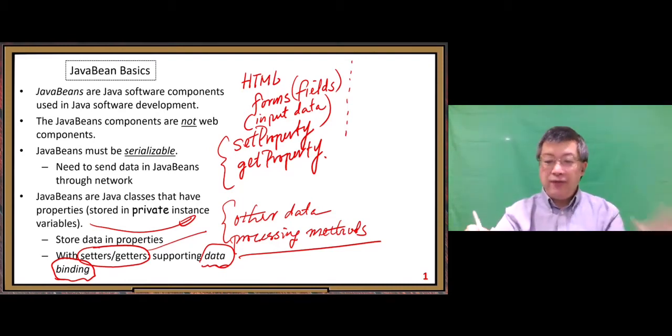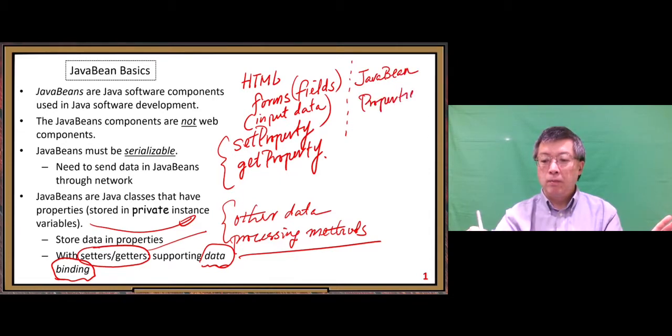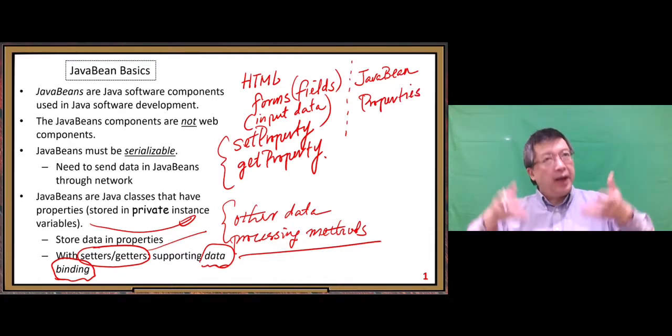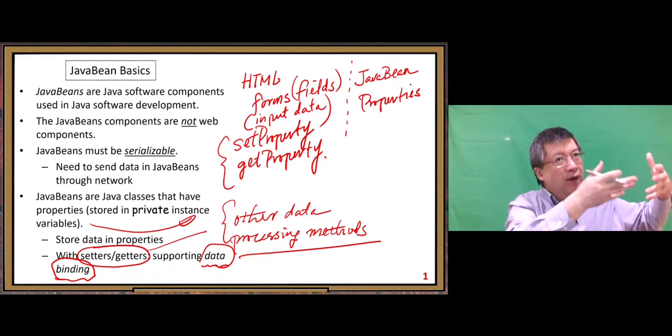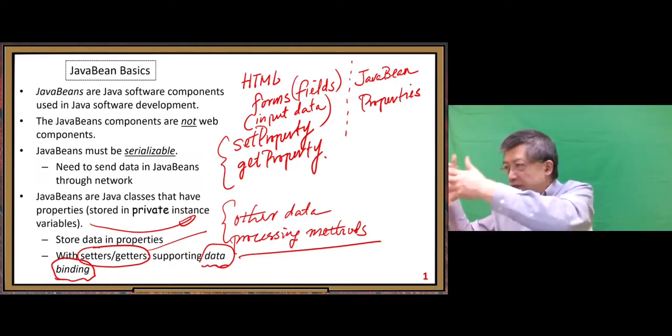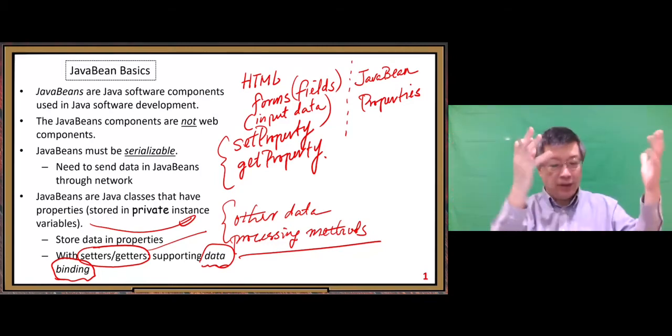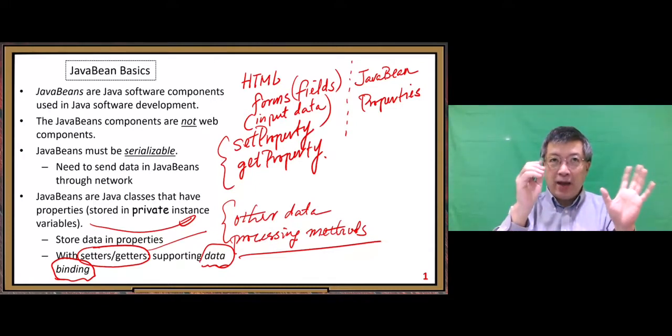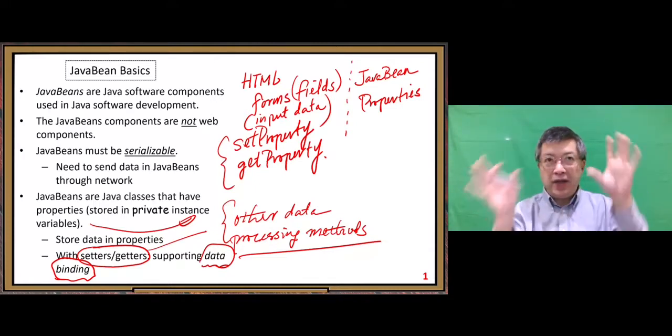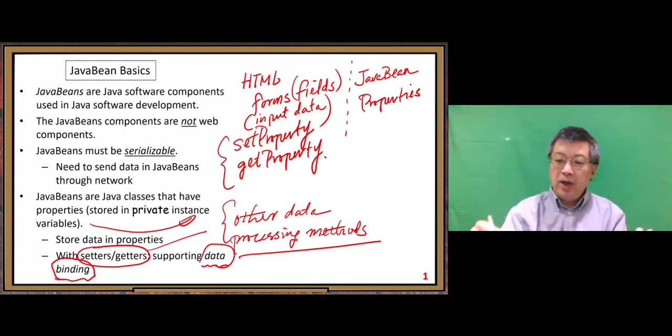On the other side, remember, JavaBean properties are used to carry data, right? The user's data is carried from client side to server side, and from server side to client side, two-way transmissions. Now, there is automatic data copy between HTML form fields and the JavaBean properties. That's called data binding.